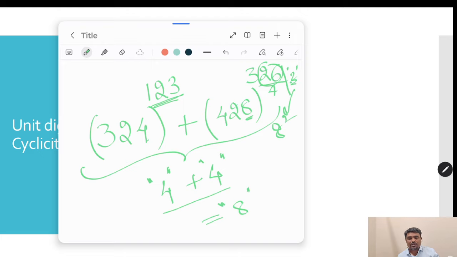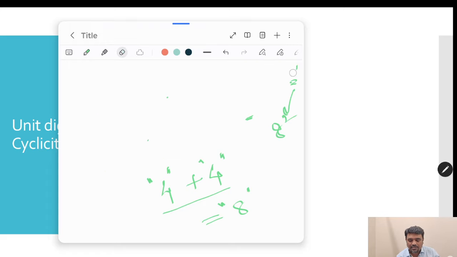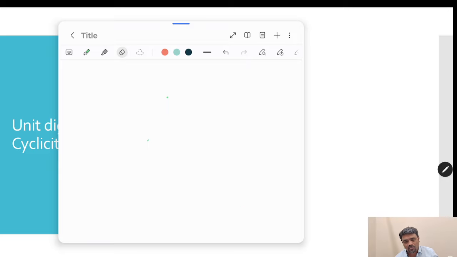So this is the concept of unit digits, finding the unit digits of the given number, one of the most important topics in recent years of the CSAT exam. We got it in 2024 also, 1-2 questions based on this concept. Even in 2023 also, we got 1 or 2 questions. I guess 1 question. In 2024, 2 questions are there.